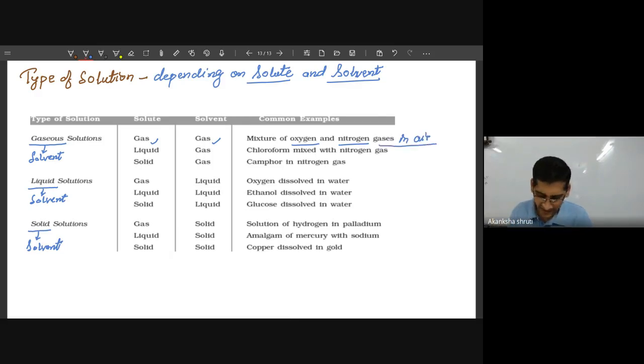Next, if you take some liquid suspended or liquid particles mixed in a gaseous medium. For example, in our environment, the air we get is not totally dry. It also contains some amount of water vapor.